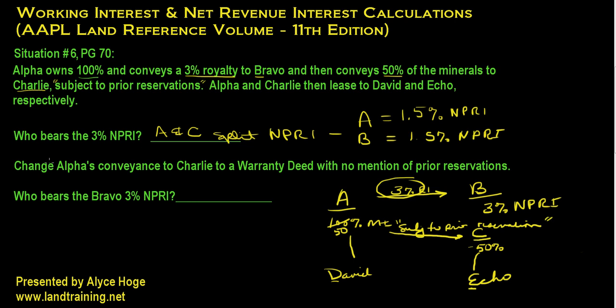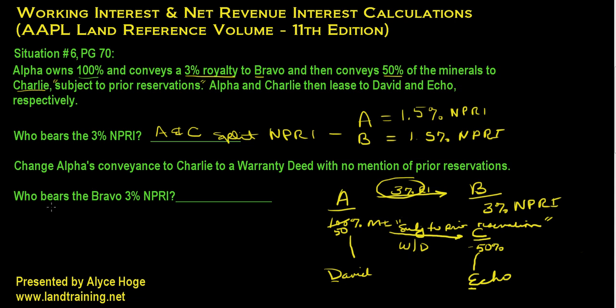Now, let's say in your materials it goes on to say, let's change Alpha's conveyance to Charlie. So A's conveyance to Charlie is a warranty deed now. A warranty deed guarantees that A will defend his title and guarantees that he's the owner of the property. But it does not mention prior reservations.